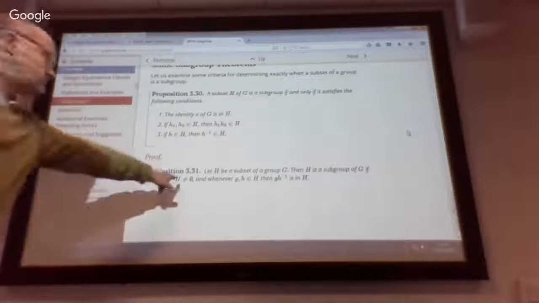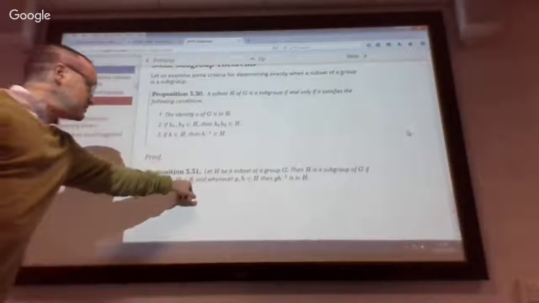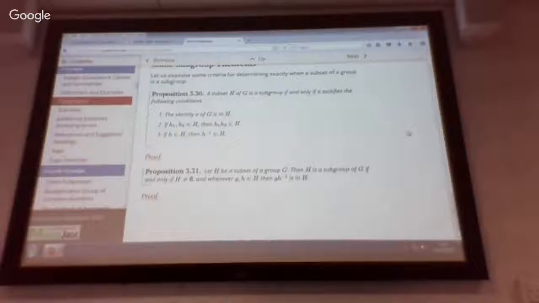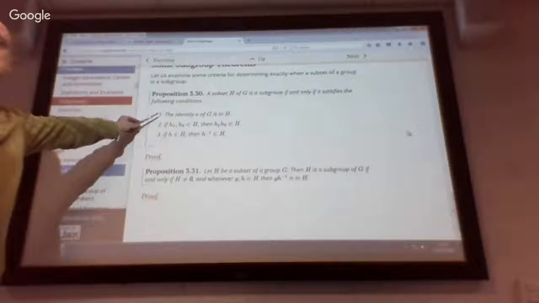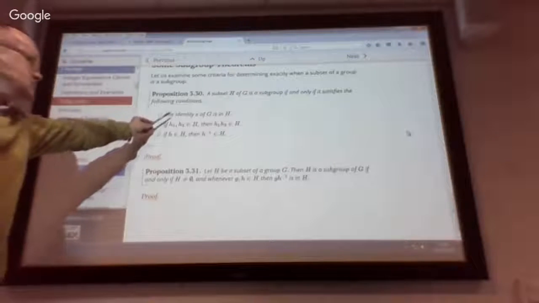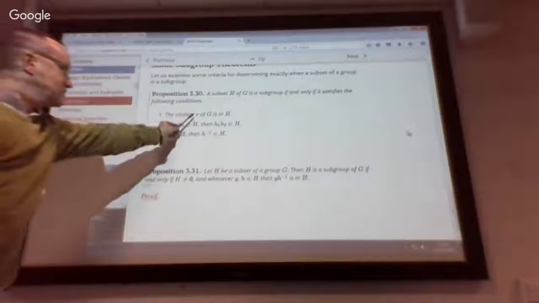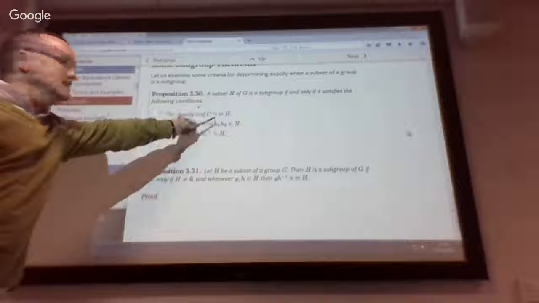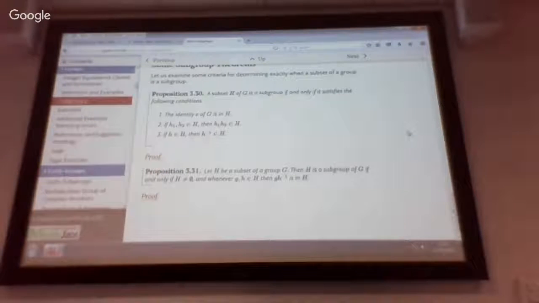But there's one other sneaky condition hidden in here: you must be sure the subset is non-empty. Now, the non-emptiness is taken care of in the previous proposition, of course, by condition 1, because it's saying that there is at least this element E in H.